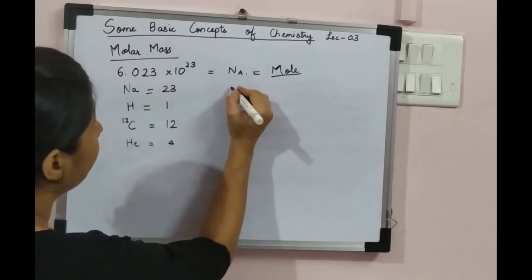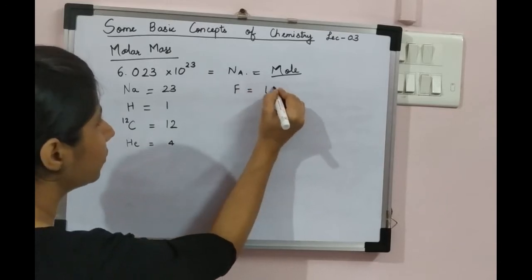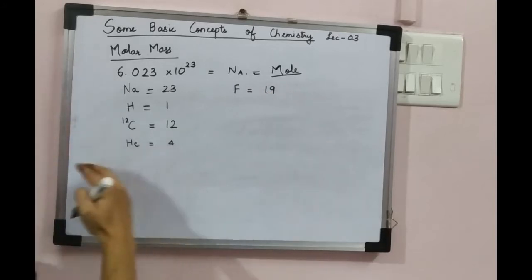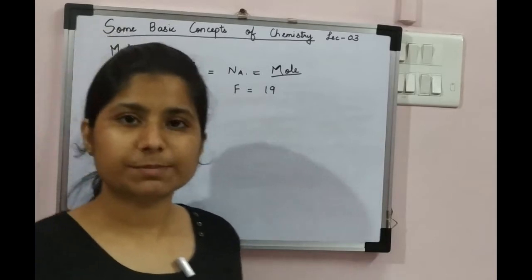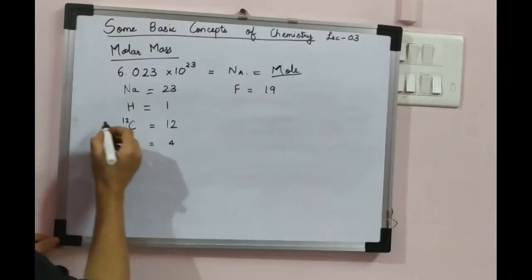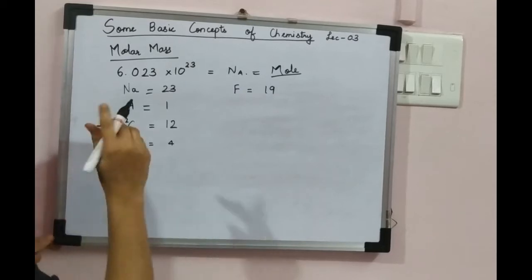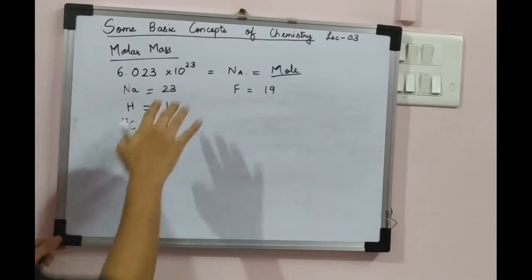Then let's say fluorine is equal to 19. Okay. So what are these values? These are the values of the weights with respect to how heavy it is compared with 1/12 of that mass, which I was explaining as a standard mass. Okay, so this is what I understand.